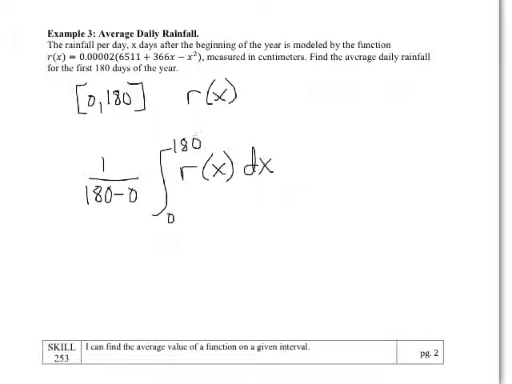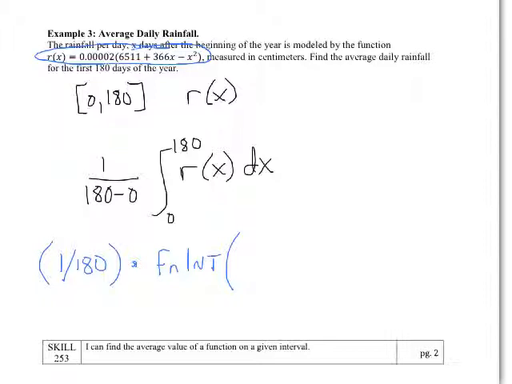This looks like the perfect sort of problem to do on a calculator because it's got some nasty numbers and could be evaluated much quicker that way. So remember, we're going to do 1 divided by 180, in parentheses, times our function integral. We can type out all of r of x.